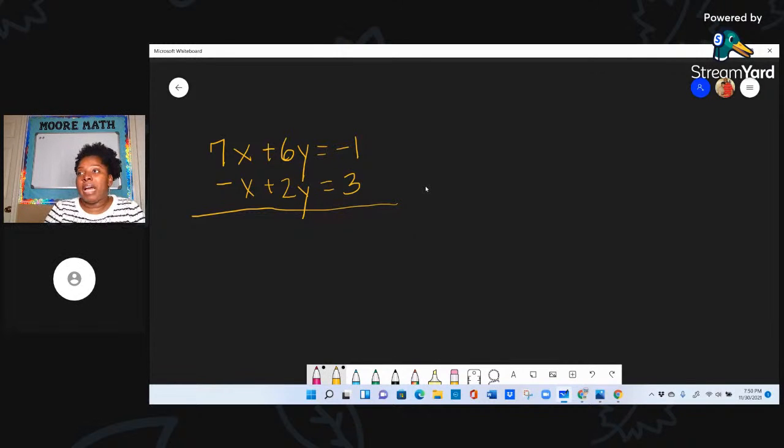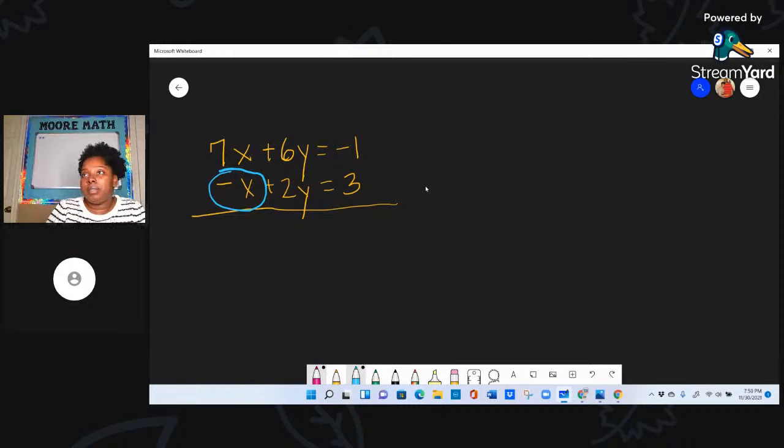Okay, and what would you make the bottom one? Like 7. So if we eliminate X, we would leave the top one as 7x, right?